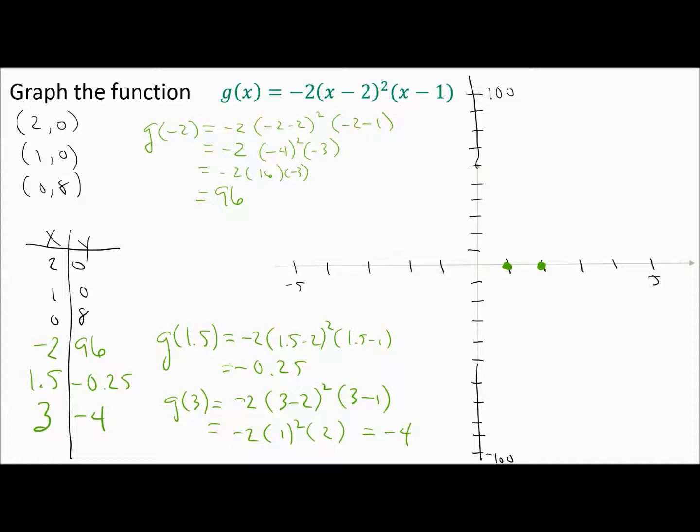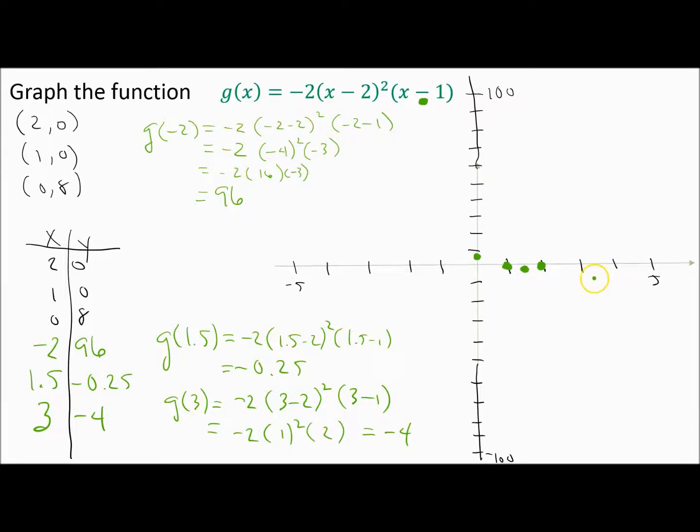So when I plot my points, I have the points (2, 0), (1, 0), and (0, 8). And remember, this is 10, so (0, 8) is about right there. And then I have negative 2 up here at 96. 1.5 is teeny tiny, negative 0.25, and notice it's negative, so it's just below the x-axis.